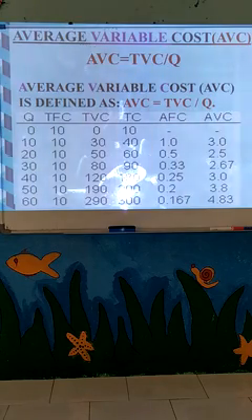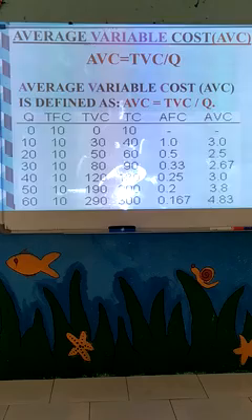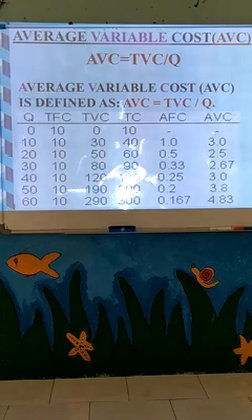If we divide the total variable cost by the quantity, we will get the average variable cost. Here we can see quantity, the total variable cost in the second row, and the average variable cost in the last line. Here the first is 0 and 0, so there is no average variable cost.